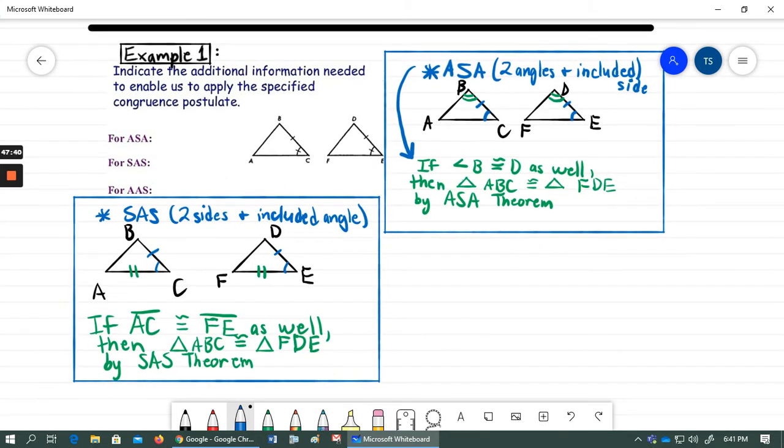Now, the third thing that they're asking us is again, what additional information would be needed to show that these two triangles were congruent by the angle angle side congruence theorem. Again, folks, we're going through this to make sure that you really get what these three theorems would look like.